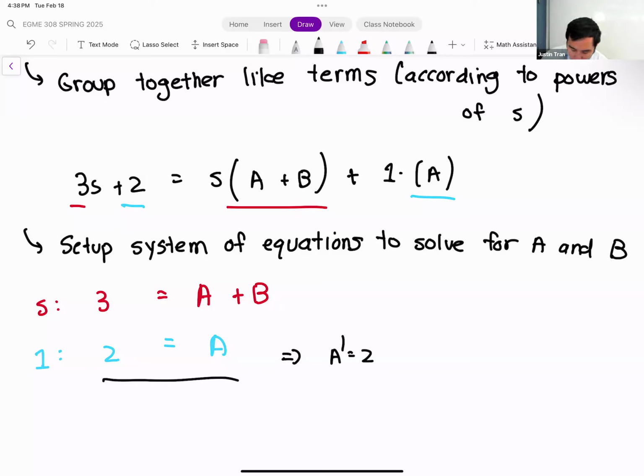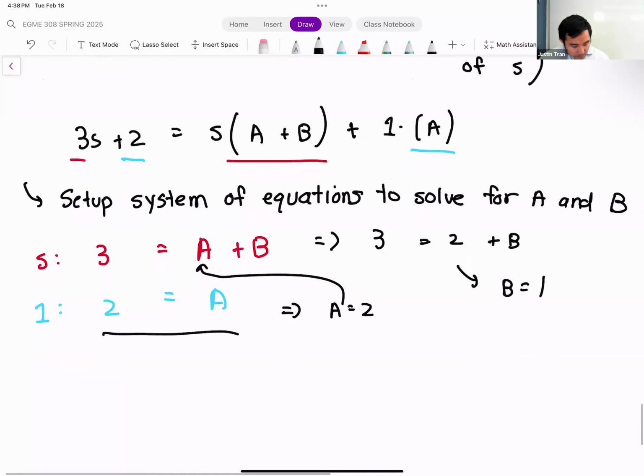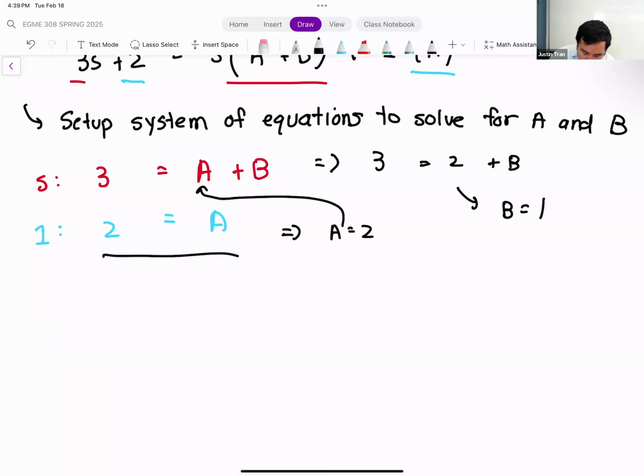That's just given to us right from the second equation. If you plug this 2 into the first expression, we have 3 is equal to 2 plus b. We can solve this for b, and we get b is equal to 1.